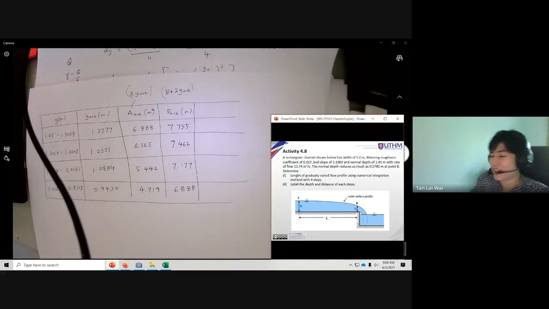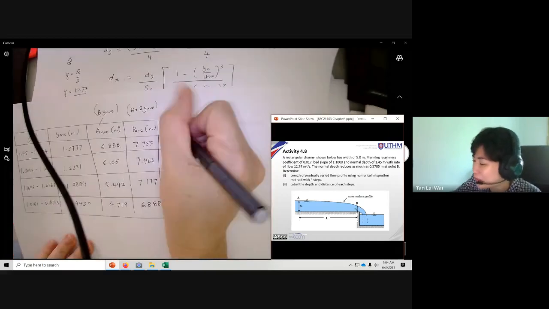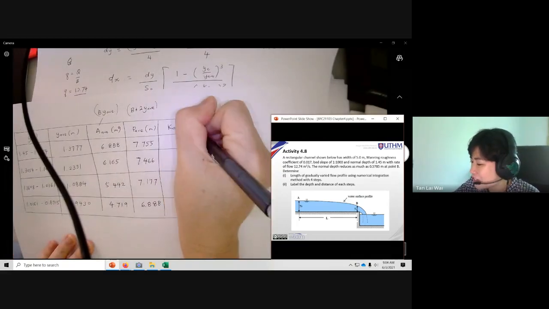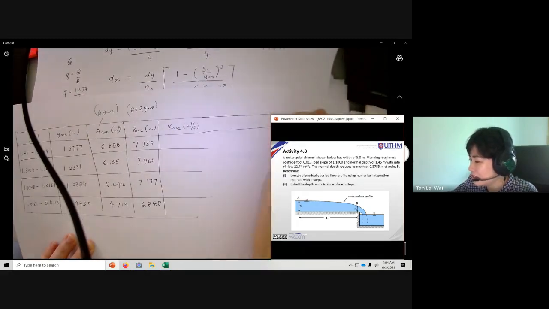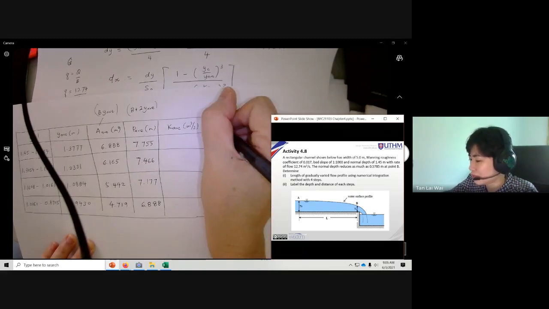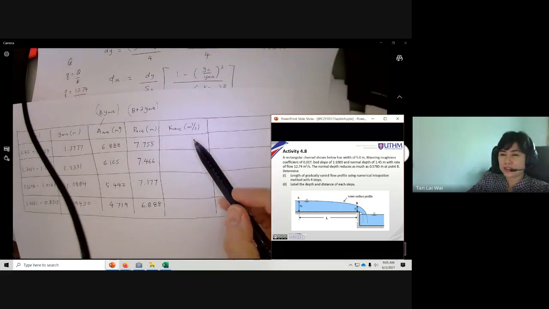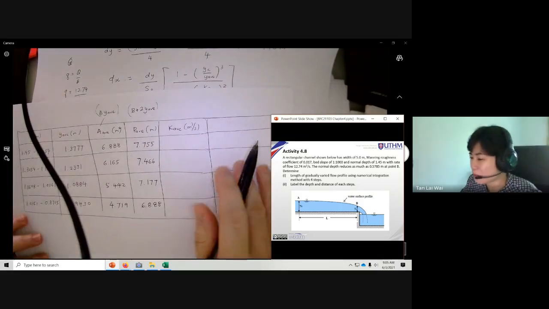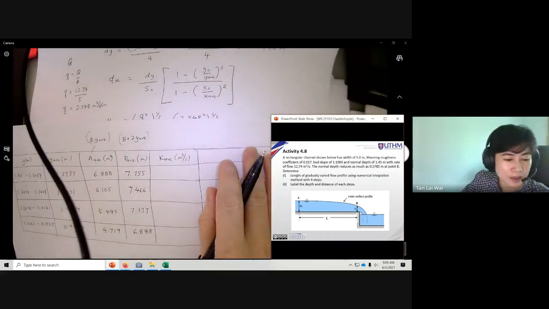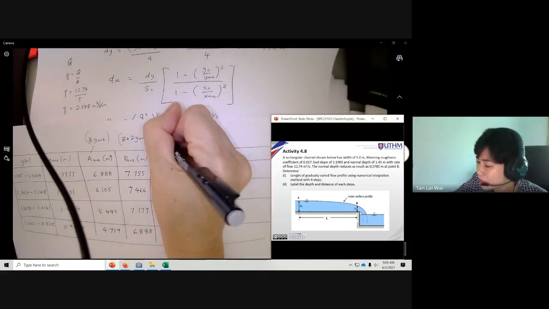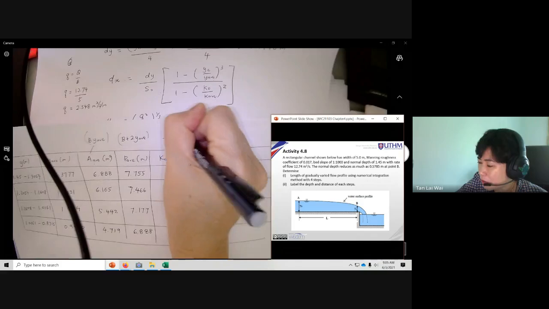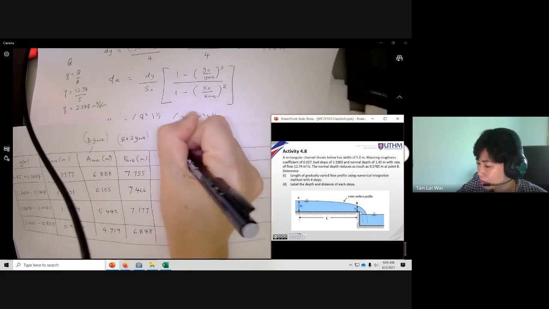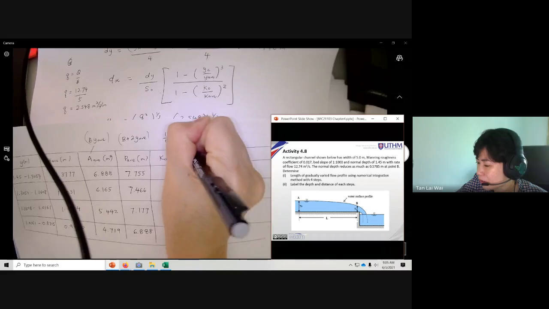Now the next thing is we can already find our K average, which is this guy here. K average should be, what's the formula? 1 over n, A to the power of 5 over 3, A average, divided by P average to the power of 2/3.